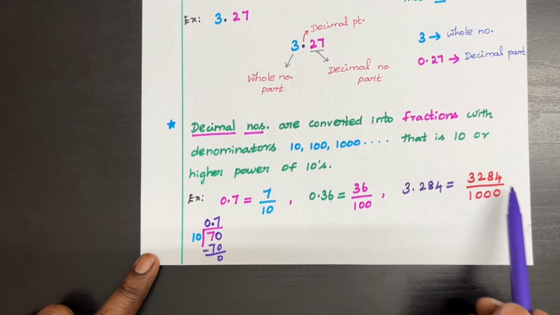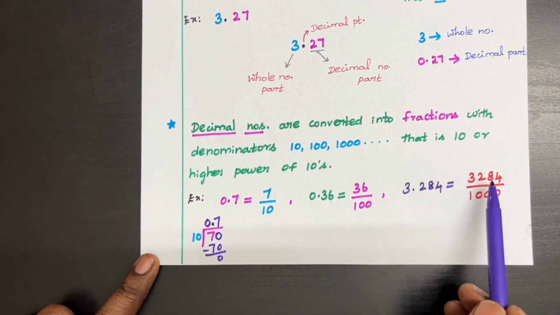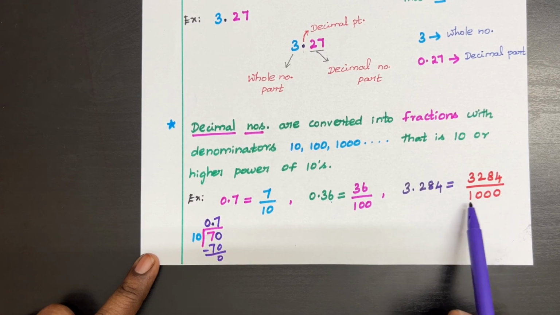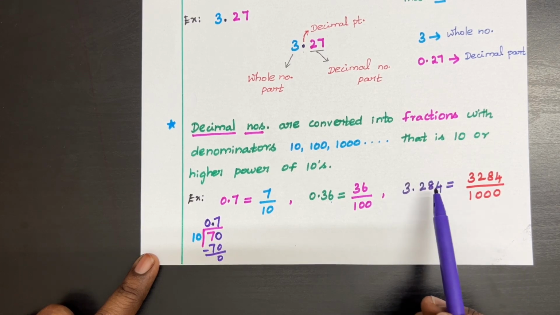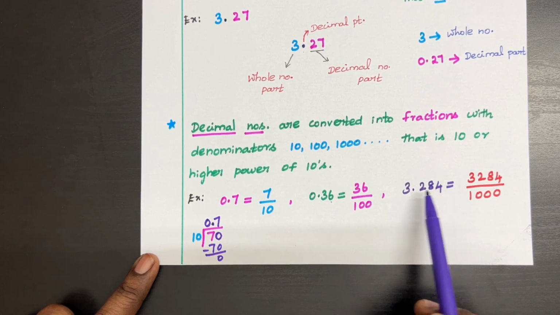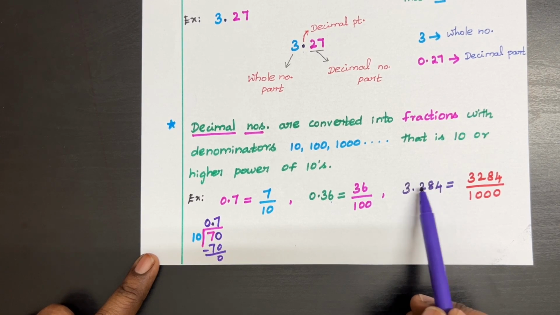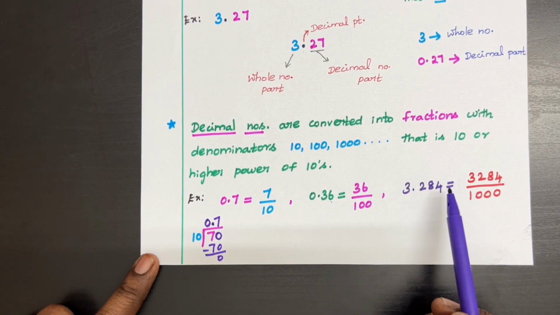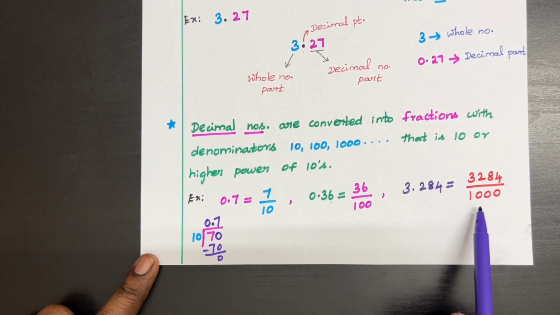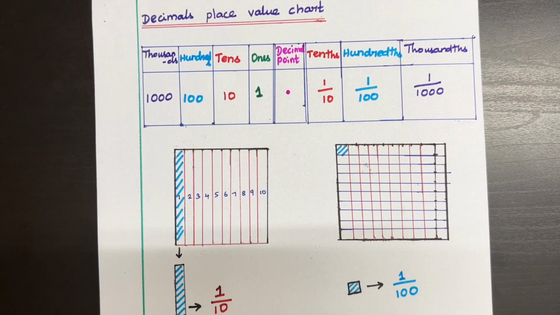This is the conversion of decimal into fraction. As many digits as you see in the decimal places, add that many zeros followed by 1 in the denominator. That's all. It's very easy.